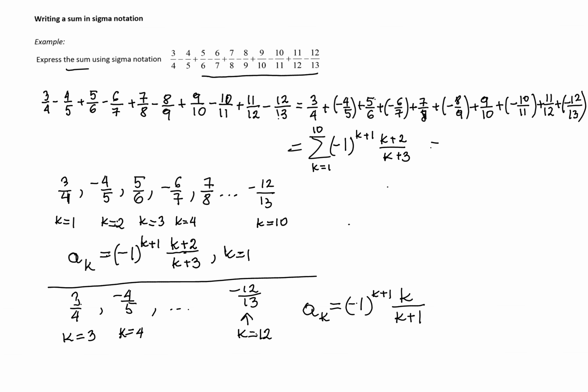And therefore our sigma form can be written as the sum, also in a different form, from k equal 3 to 12, and the term of the sequence is the same. We are just changing the way we count the values of k. It's going to be k over k plus 1.